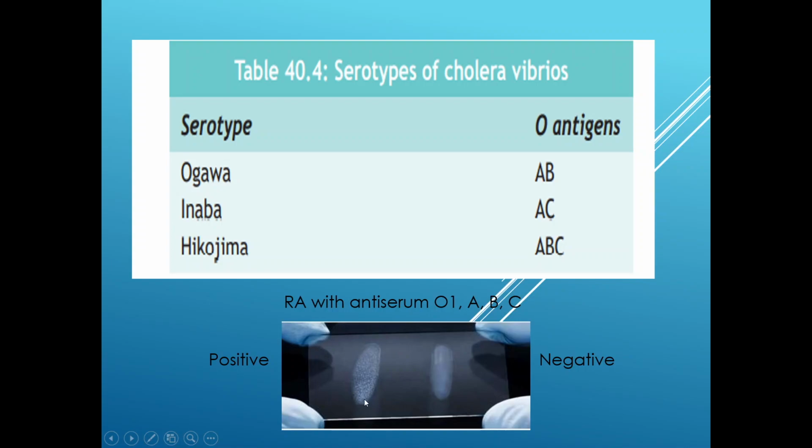If you see a positive reaction with antiserum O1 and A, C, you will understand it is another serotype. If you see a positive agglutination reaction with antiserum O1, A, B, and C, you will understand that it is Vibrio cholerae serotype Hikojima. On this slide you can see a positive agglutination reaction with antiserum, and a negative reaction with antiserum.